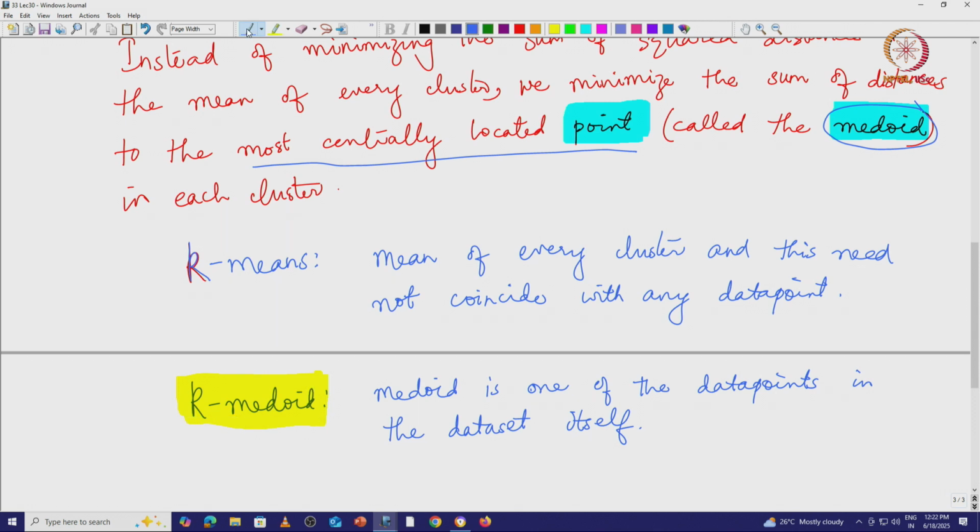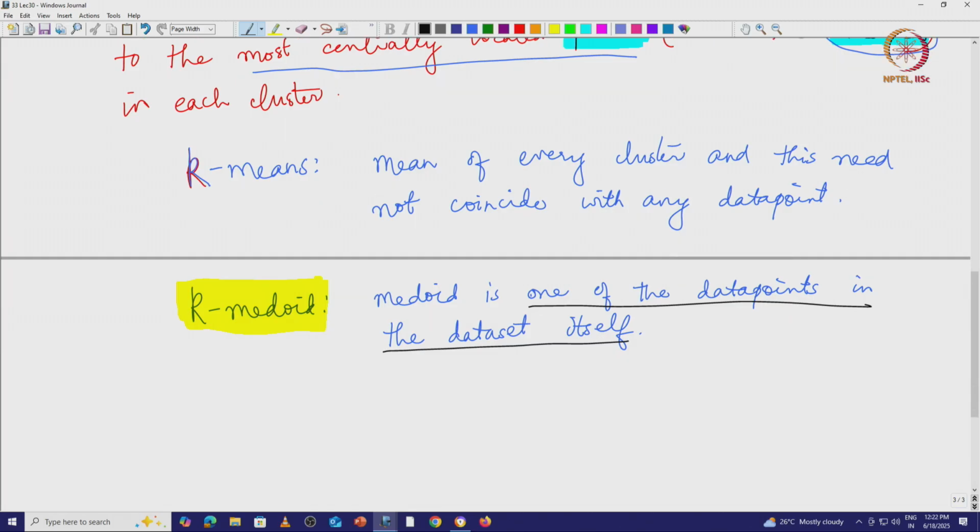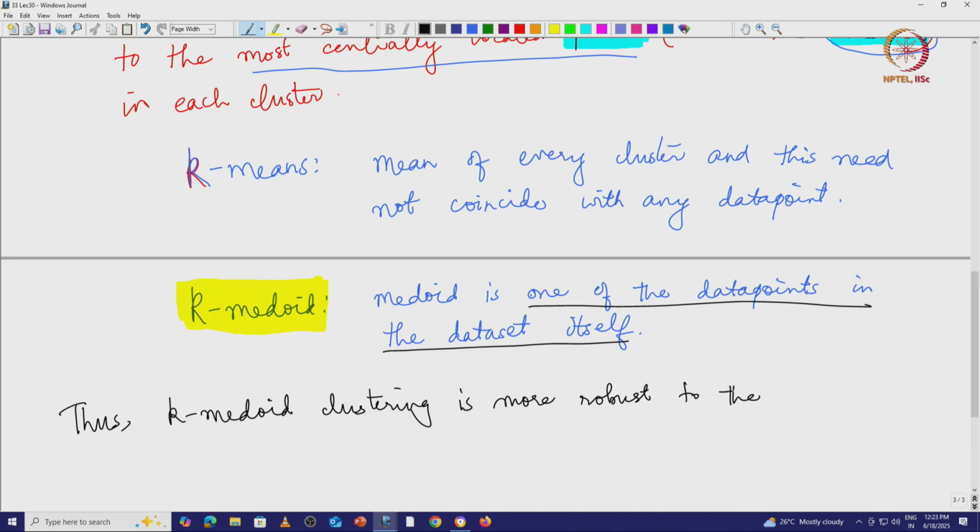So that in a sense is what is happening in the K-medoid clustering, and because of the use of one of the data points from the data set itself, it is more robust to noise and outliers. So thus K-medoid clustering is more robust to the presence of outliers and noise. Why?